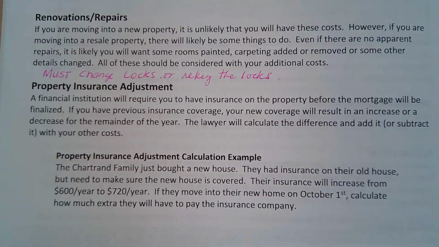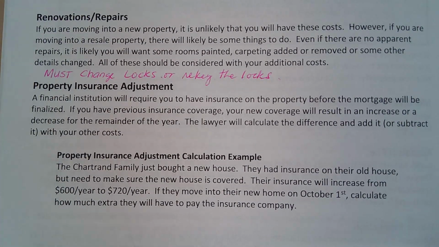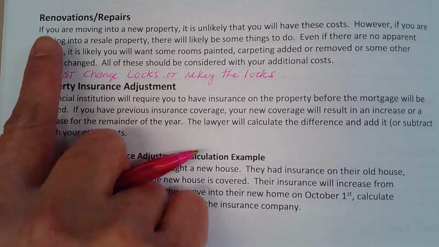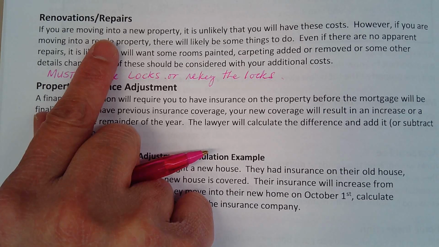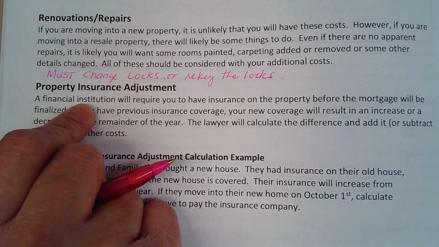Sometimes you don't have to change the whole lock system. You can just rekey, change the key, and it will still work. So you're going to remember that one, right? When somebody moves to a new house, the very first thing you want to do is change the locks. And locks could be expensive, right?